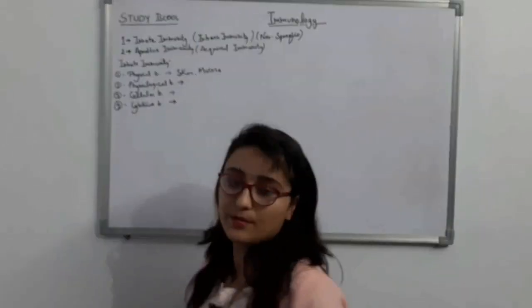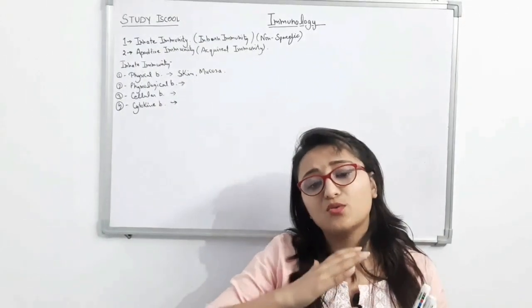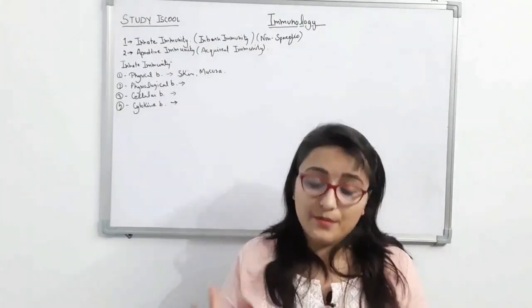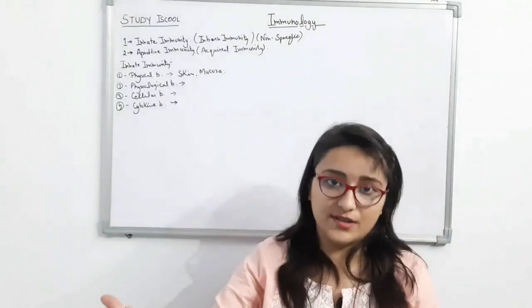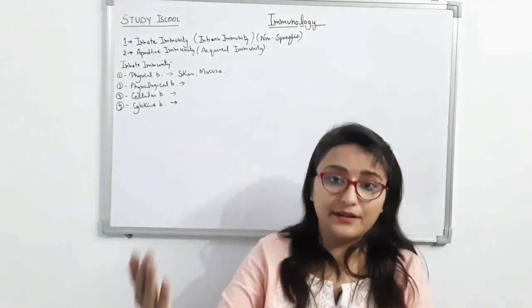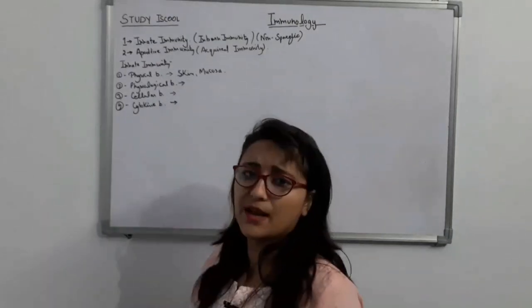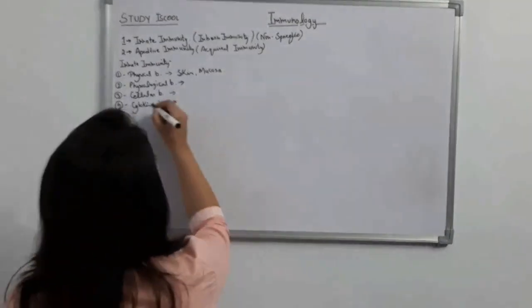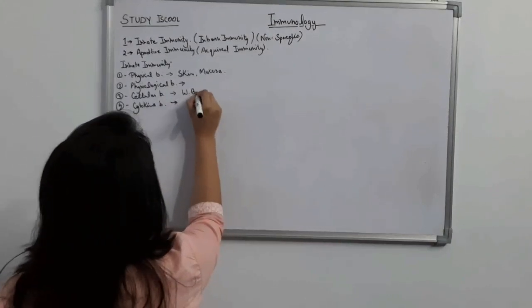Now, cellular barrier. Cellular barrier means all those immune system cells which are present inside our body and fight against all foreign agents or foreign invaders. The cellular barrier contains many types of cells. Some examples are mostly WBCs.